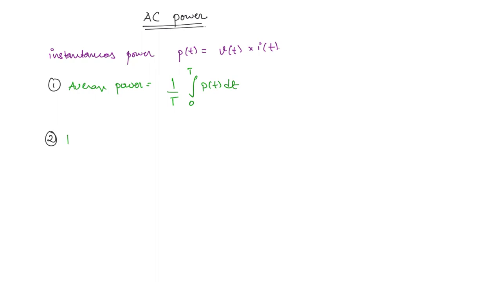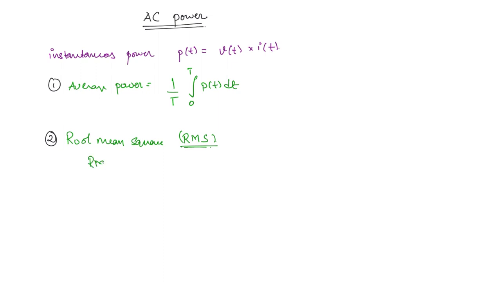Next, another important term is the root mean square value, abbreviated as RMS. So what does this mean? First, you can write the definition here.